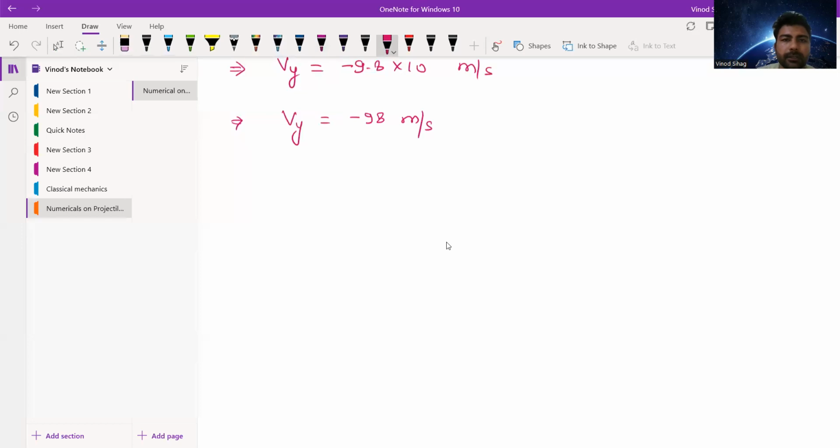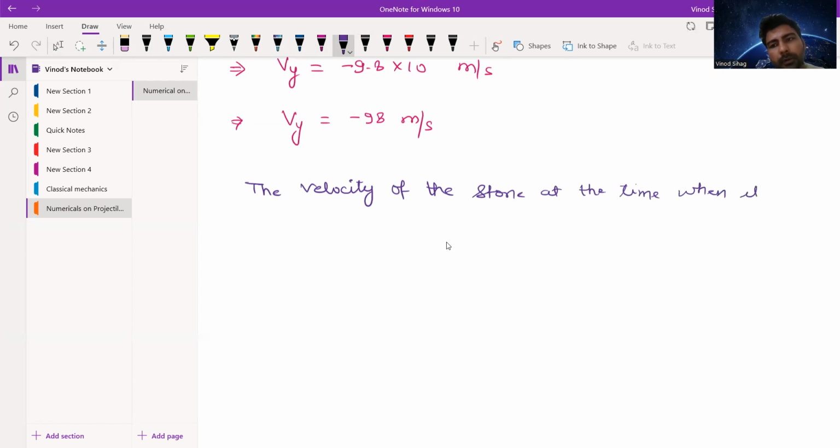So here we can write in the vector form also, what the velocity can be written as. The velocity of the stone at the time it touches the ground, what it will be?